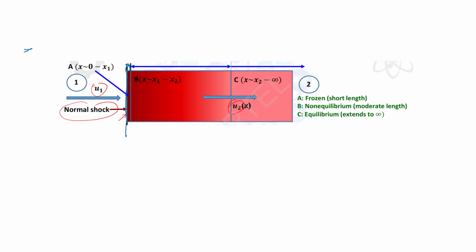Frozen means there is not enough time for chemical or vibrational non-equilibrium. There is no chemical reaction happening. So due to this frozen flow, it will behave like a calorically perfect gas.